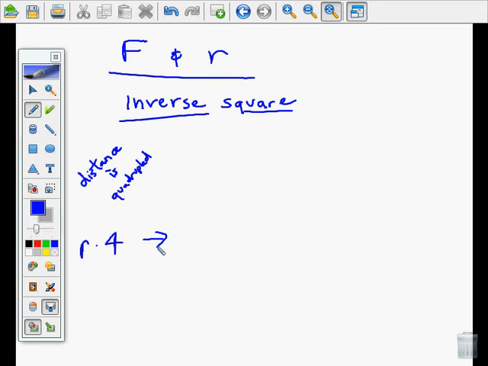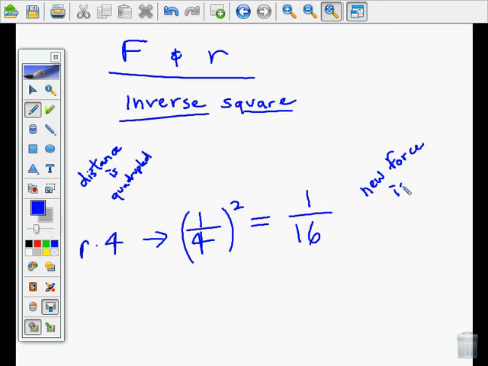Well, if you take the 4 and you take its inverse, which is the reciprocal, inverse reciprocal, yes, you have 1/4. If you square that value, you get 1/16. So that tells you that the new force is 1/16 as strong as the original.